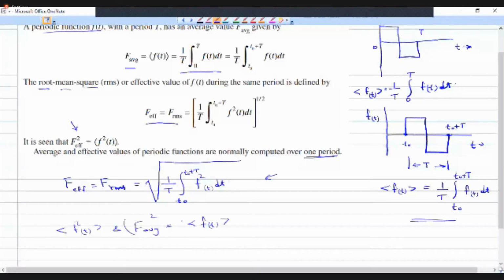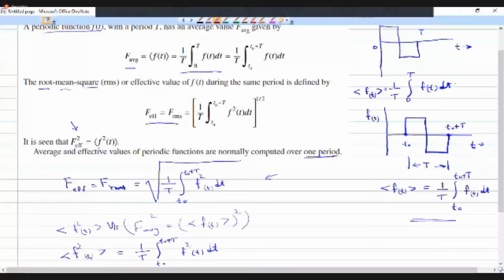These are different. So what is the average of f square of t? This is nothing but 1 by T integral t naught to t naught plus T f square of t dt. So don't get confused that RMS, that is effective value square, is equal to the square of the average value. Don't come to that conclusion.